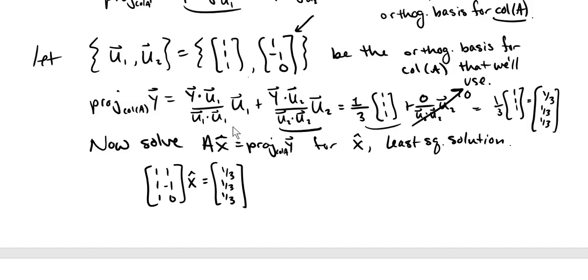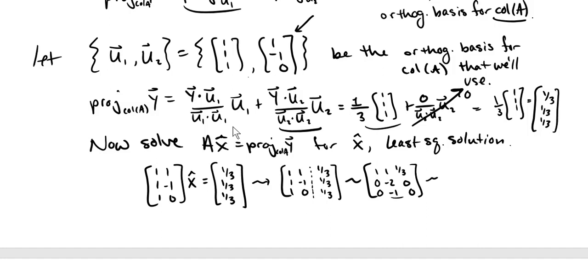And so what do we get? Let's take a look. I would just unpack this into an augmented matrix and solve from here. And when I do this, I think I can do it one step at a time pretty quickly. Second row minus the first row will give me 0, -2, 0. Third row minus the first row gives me 0, -1, 0.